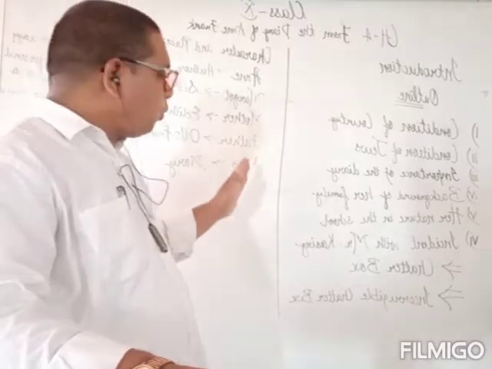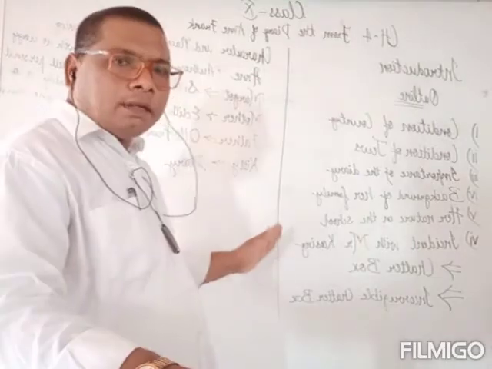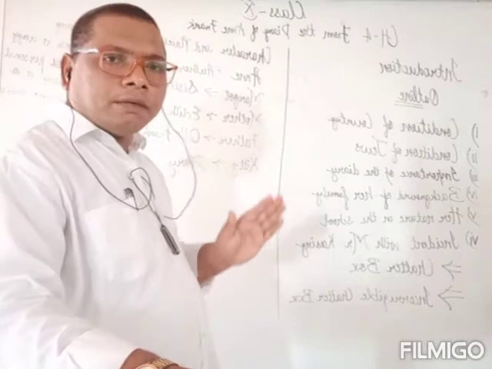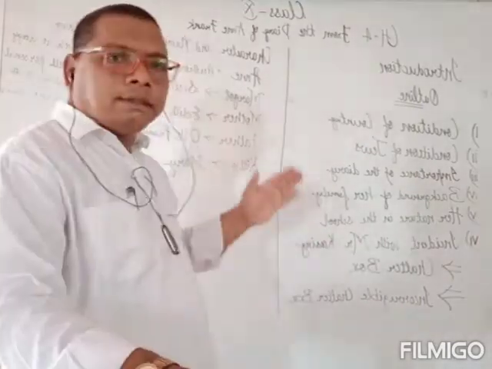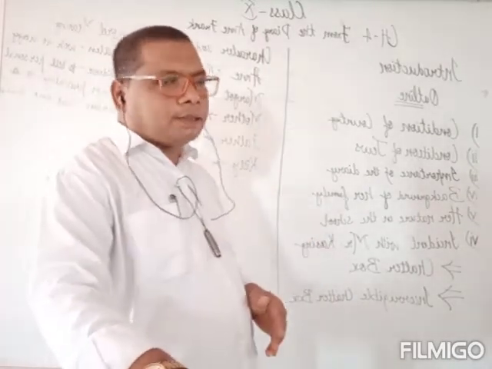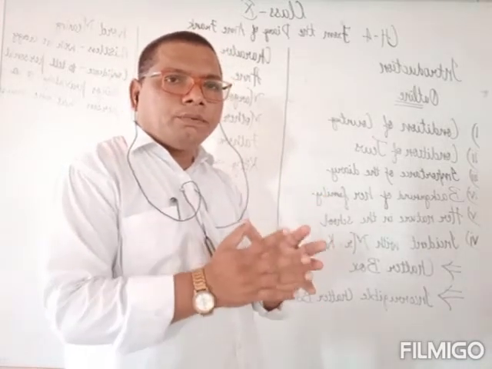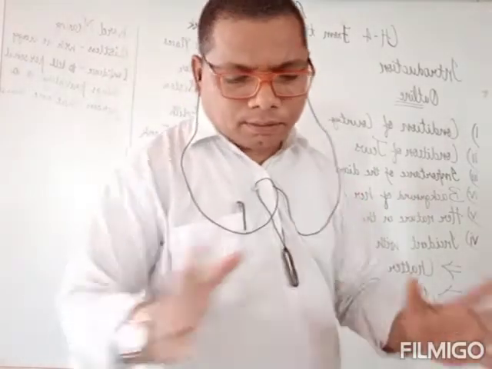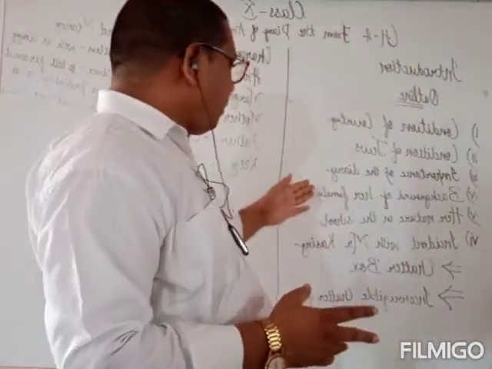Both the sisters were staying with their grandmother, and in 1941 their grandmother became sick and an operation took place. In 1942 she died, and her death was very sad and painful for them. That was the family background.